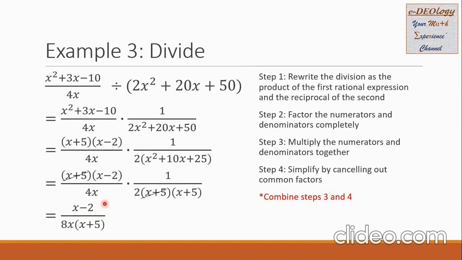In the denominator, we multiply 4 times 2 becomes 8. And the x we will just copy here. Also, there is the binomial x plus 5. We'll just put it down here. So our final answer is x minus 2 over 8x times the binomial x plus 5.